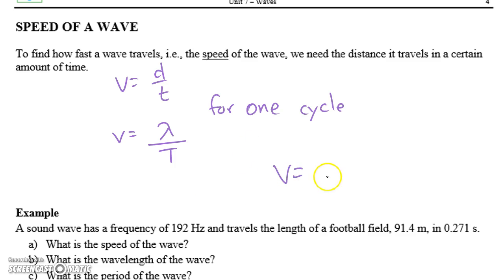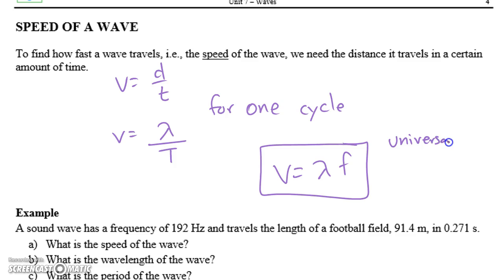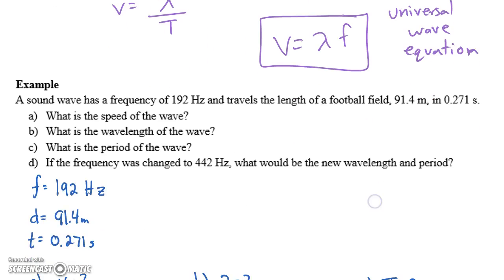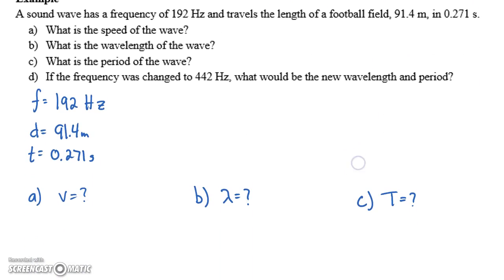So we get the equation v equals lambda f. And this is known as the universal wave equation, where the speed in meters per second is equal to lambda, the wavelength, in meters times the frequency in hertz. And so here's an example of using this in a calculation.